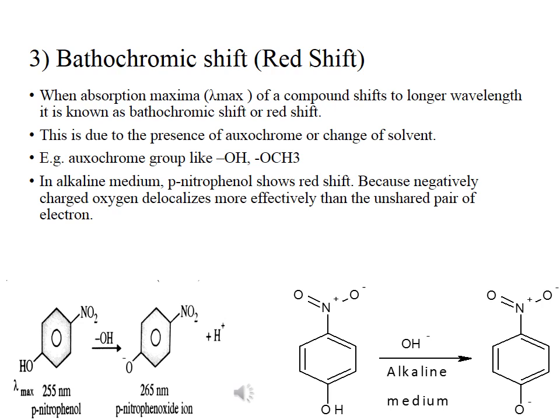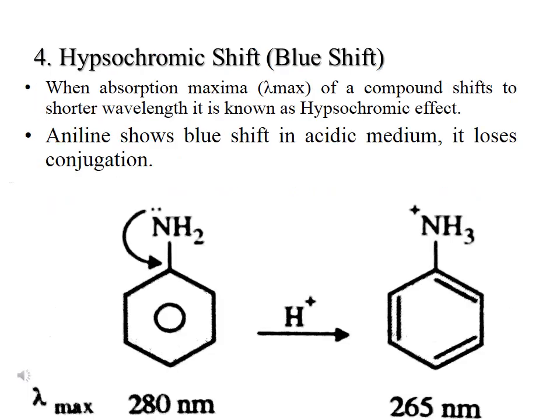When the medium is alkaline, the H plus from the OH group combines with the alkaline medium to form water, and a negative charge develops on oxygen, forming the para-nitrophenoxide ion, and the wavelength is 265 nanometer. So there is an increase in the wavelength due to the change in the solvent.